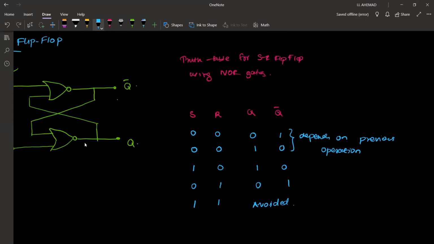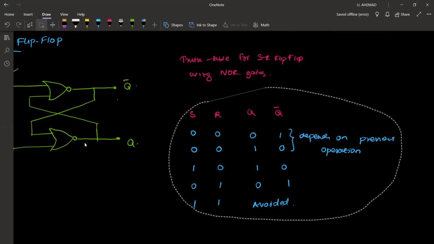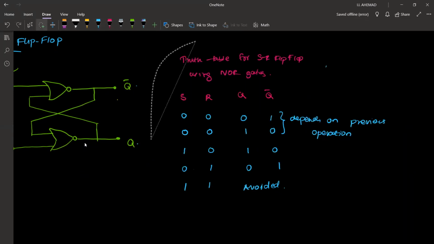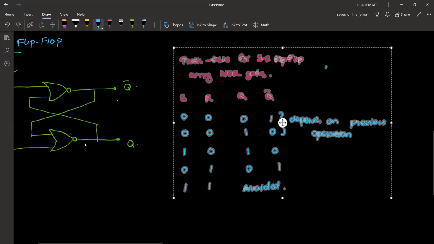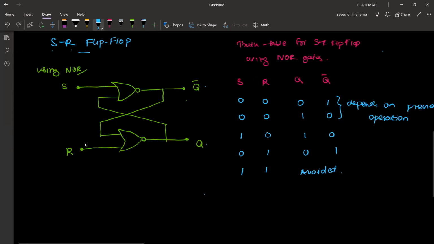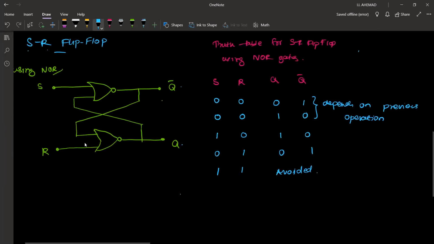This is the truth table for SR flip-flop, but sometimes you might not have understood how we filled it. I will explain it now. So here I have just shown what are the possible values.